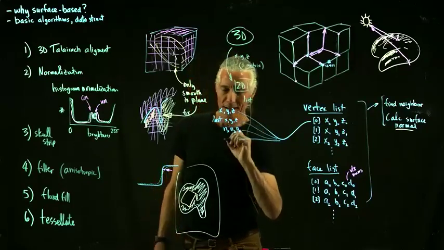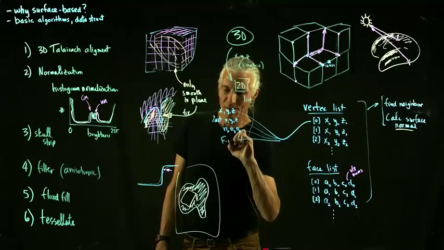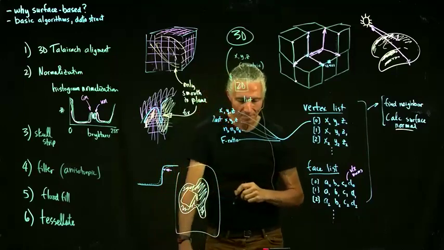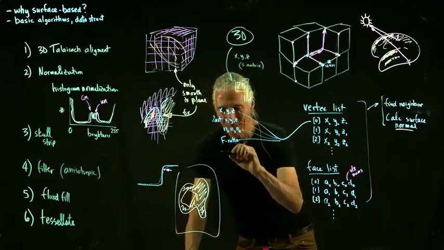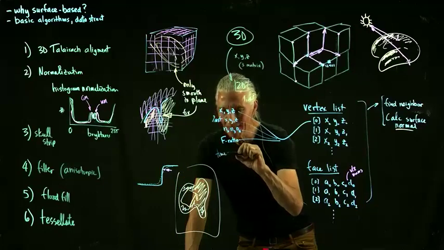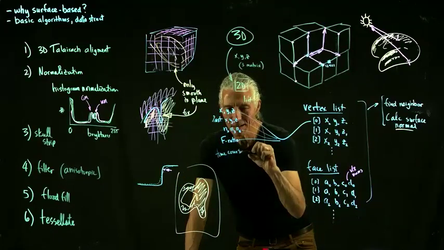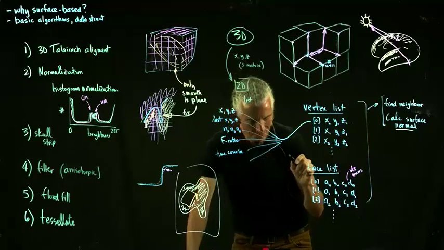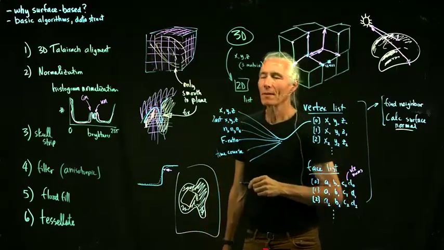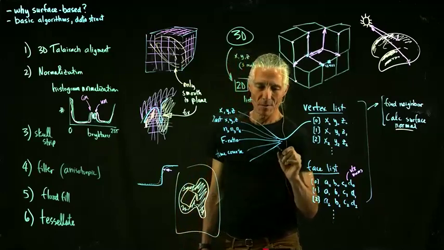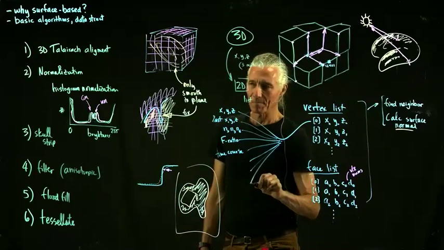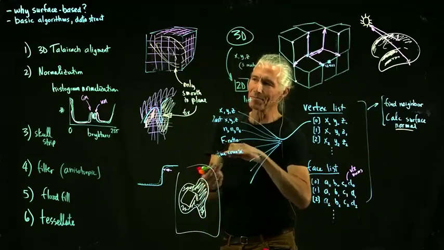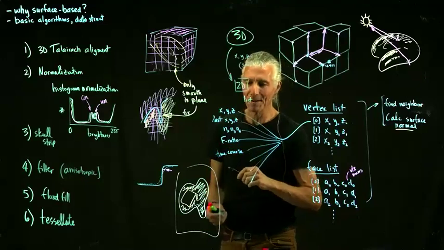Maybe we calculated an F ratio, so we've got an F ratio for this voxel. And we might have a whole time course with that voxel. So there'll be literally hundreds of things associated with that vertex. Or we might have local surface coordinate systems. There's a whole bunch of different things.